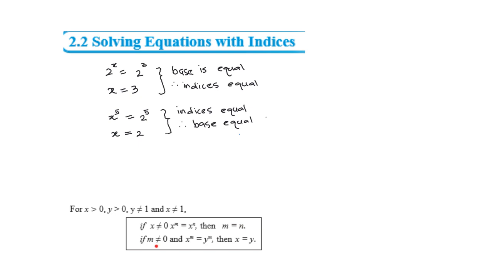If m is not equal to 0 and x to the power m equal y to the power m, then x equal y. Base equal, indices equal. Indices equal, base equal. Next we will see how to use this rule to solve the equations with indices.